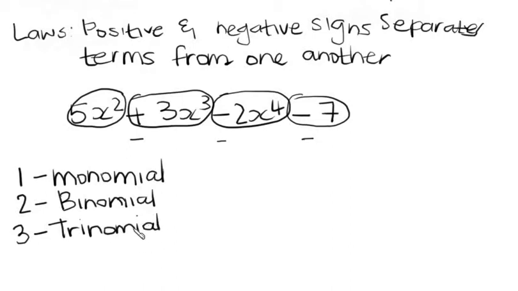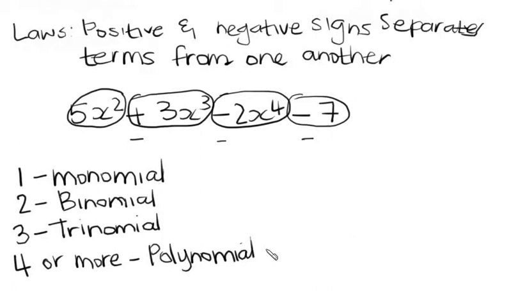Tri representing 3, as in tricycle, 3 wheels. And lastly we have 4 or more terms, which is known as a polynomial, or we can call it a multinomial. That is what you need to know. If we look at the example given to us over there, we have 1, 2, 3, 4 terms. Therefore it's known as a polynomial or a multinomial.